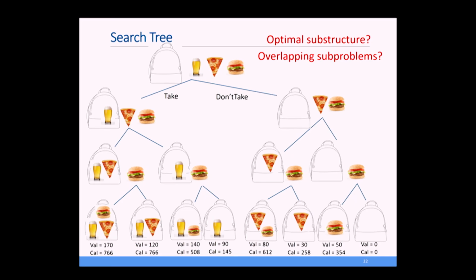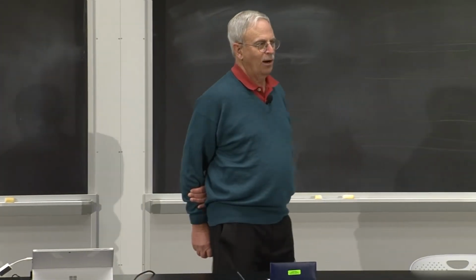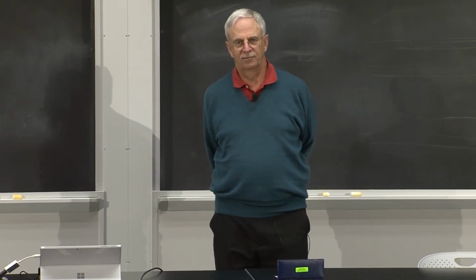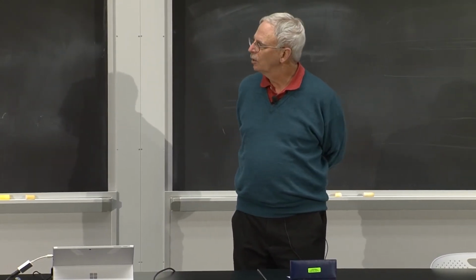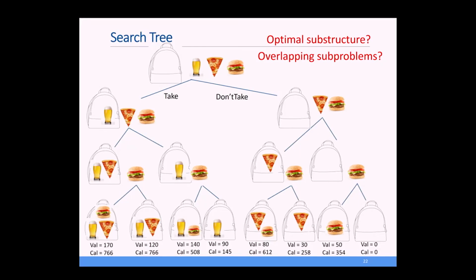But what about overlapping subproblems? Are we ever solving, in this case, the same problem at two nodes? Well, do any of these nodes look identical? Well, in this case, no.